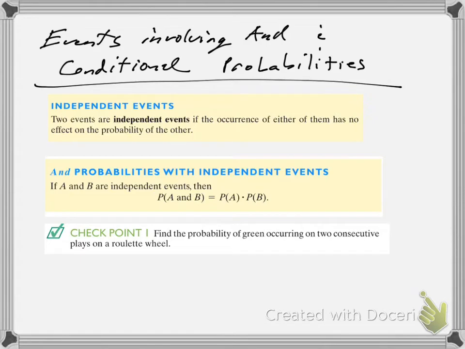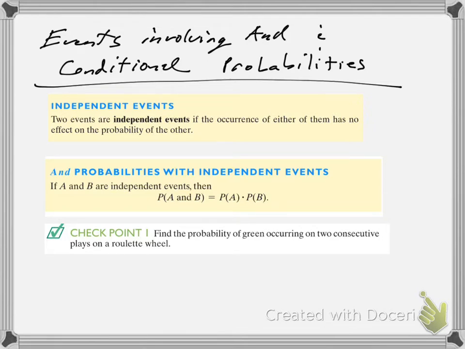So those two probabilities are dependent, because the second probability depends upon the fact that we pulled the first card out. Now, if I replace the card and then draw the second one, the probabilities are the same each time, and those are independent events.